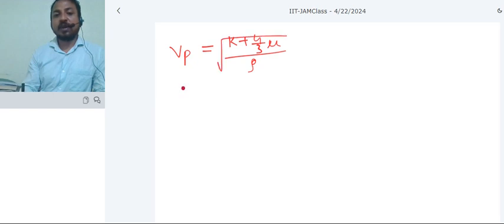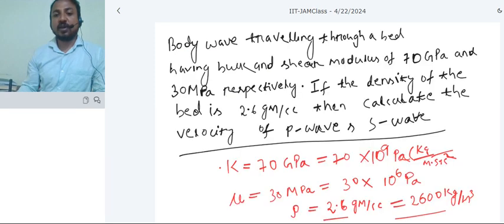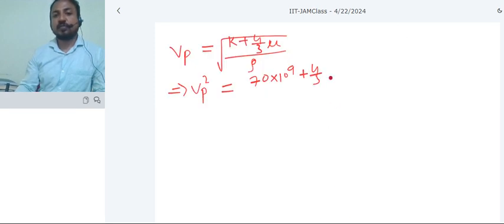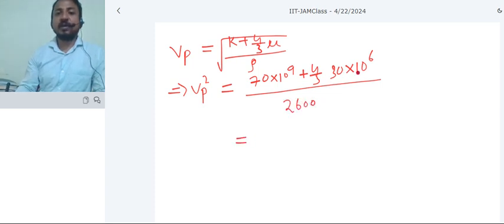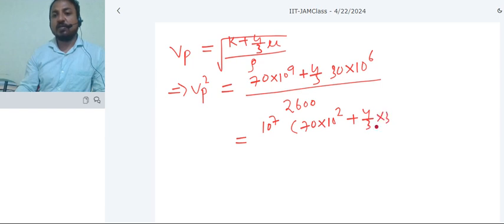So K is 70 GPa, 70 into 10 to the power 9, plus 4/3 mu, mu is 30 into 10 to the power 6, divided by rho, which is 2600. Solving, 10 to the power 7 is common, so 70 into 10 to the power 2 plus 4/3 into 3, the 3 cancels.